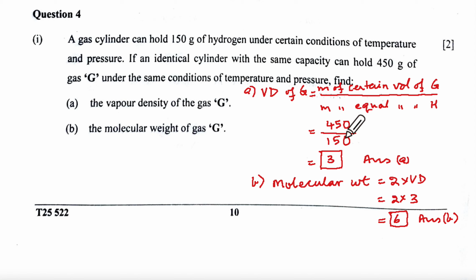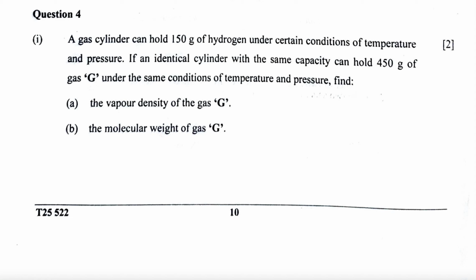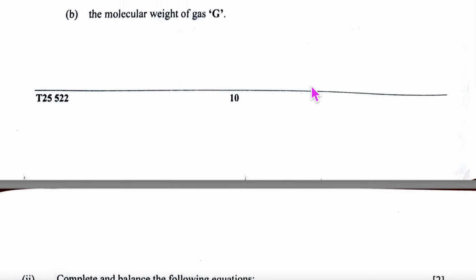So if you are solving this, you get 15 3s are 45, 0 gets cancelled. So 3 is the vapor density. That's your answer A. What is the connection between vapor density and molecular weight? It is 2 into vapor density, right? So that is 2 into 3, that means 6. So these are our 1 mark answers.